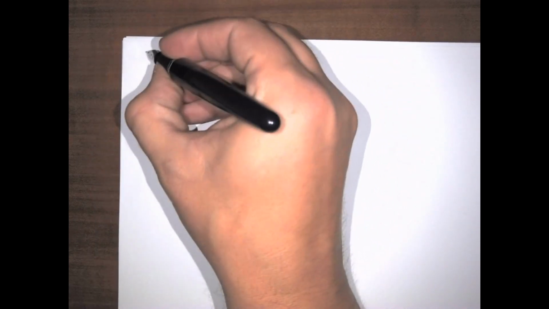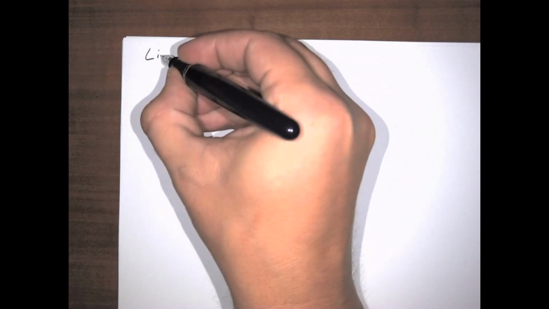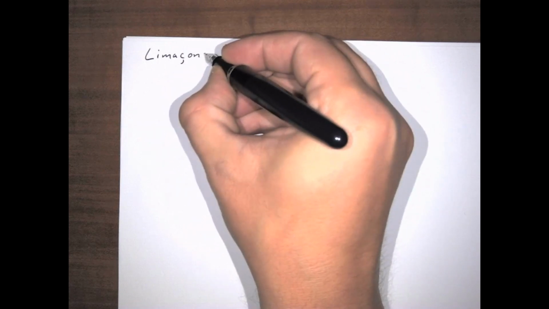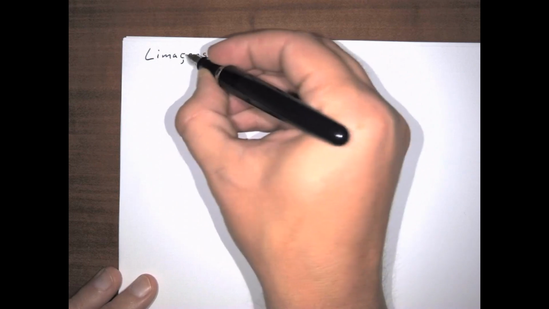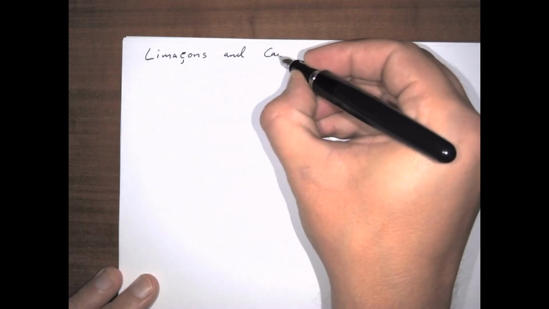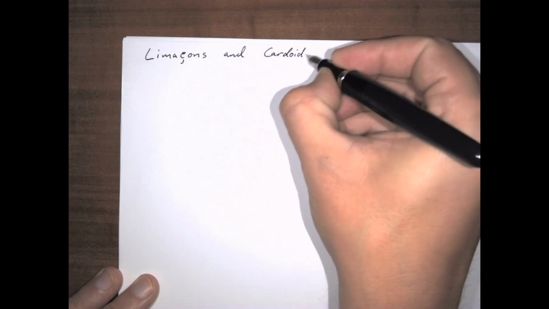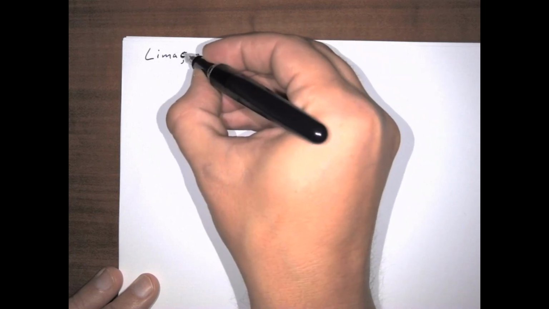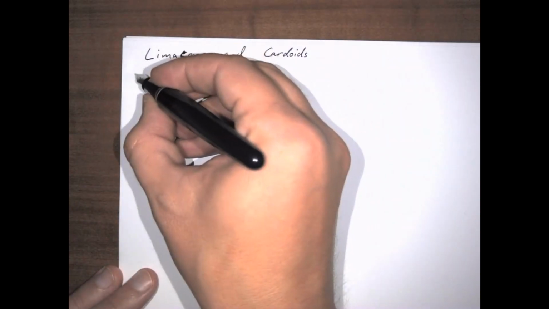All right, and then another category of polar graphs that we can look at are what are called limaçons, and that's a c with a cedilla, and cardioids. Limaçons and cardioids.